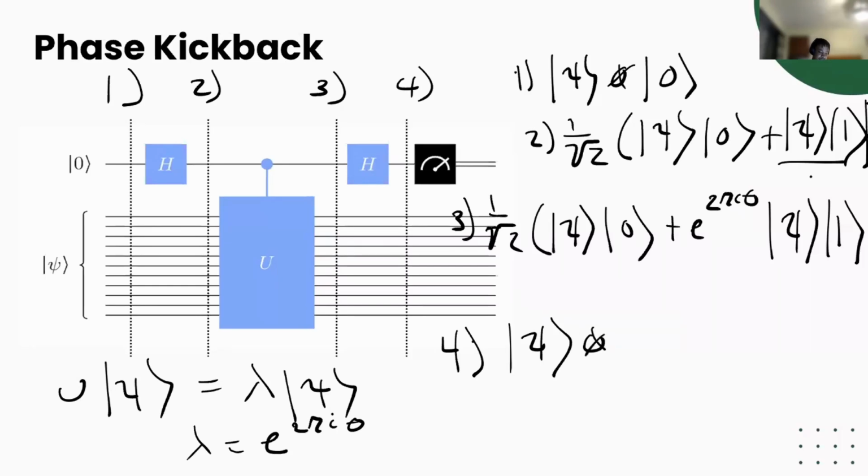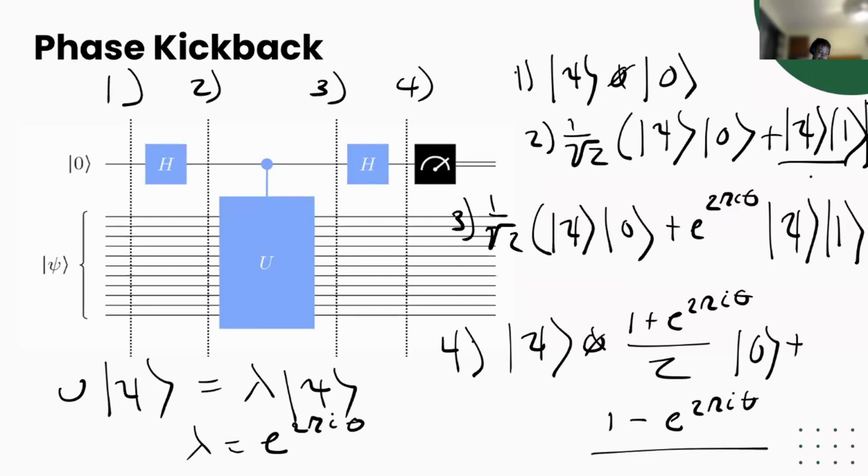This is going to be tensored with 1 plus e to the 2 pi i theta divided by 2, and this is on the 0 state. And it's going to be plus 1 minus e to the 2 pi i theta over 2. And so these are our coefficients for the 1 state.